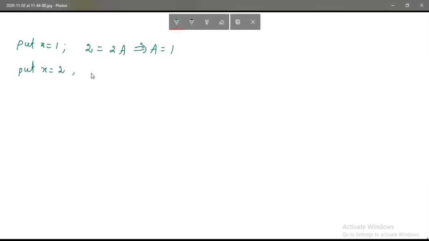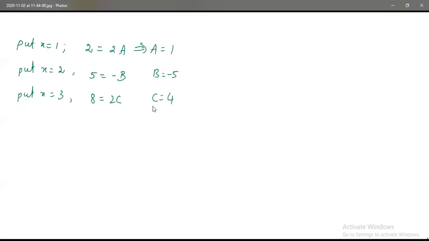When you put x equal to 2, you'll get 5 is equal to minus b. Okay, so b is minus 5. And put x equal to 3, you will get c is equal to 4. So a is 1, b is minus 5, c is 4.